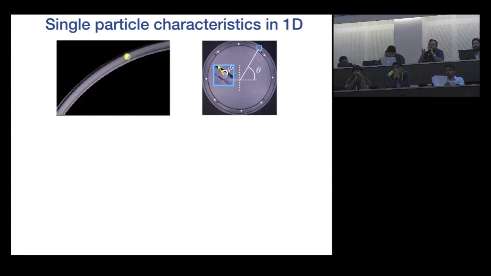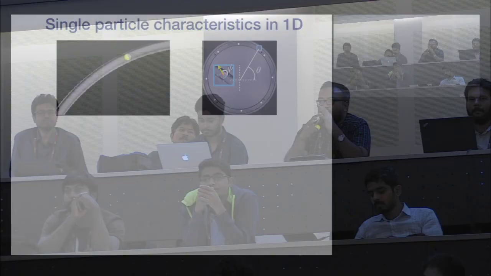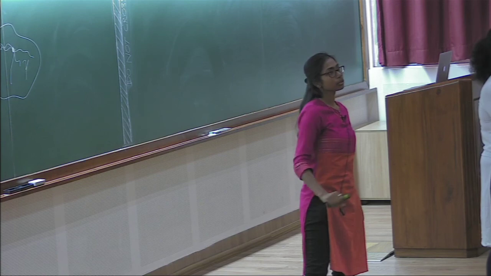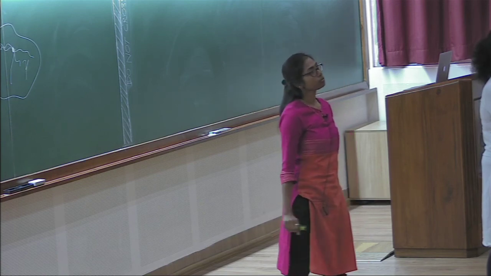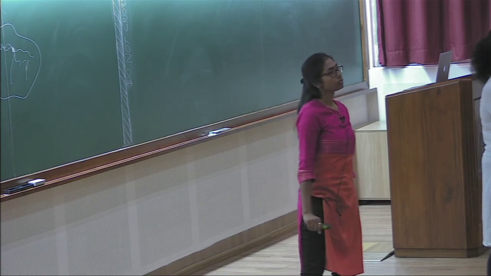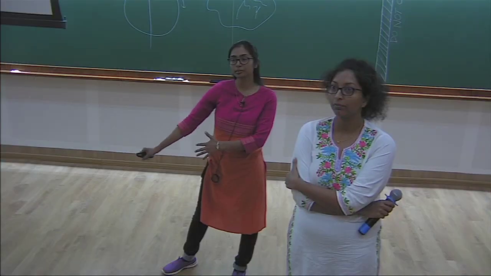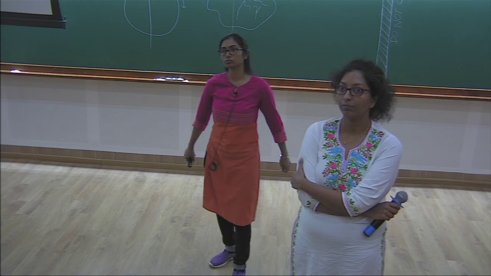In another case, when the width of the channel increases, the behavior comes just because of the constraint that particles cannot cross each other. Exactly. Even by introducing some passive particles within the channel, it will show subdiffusive behavior.